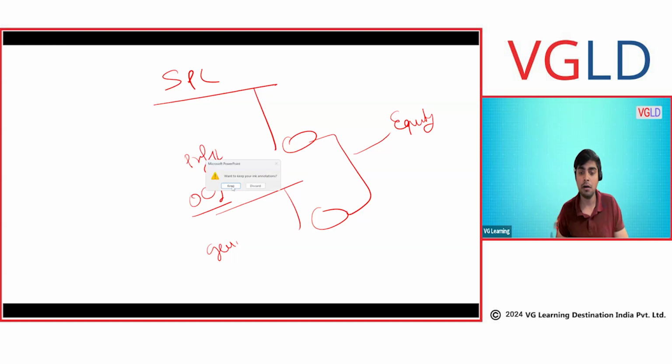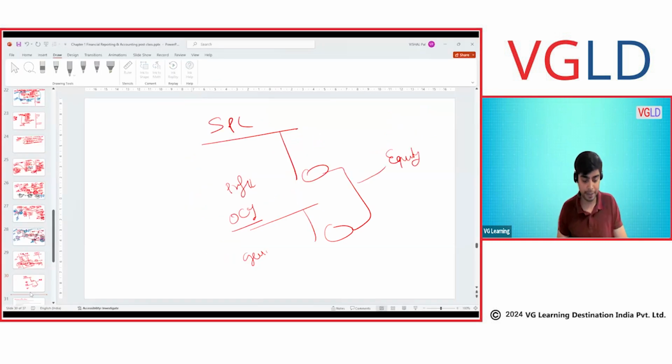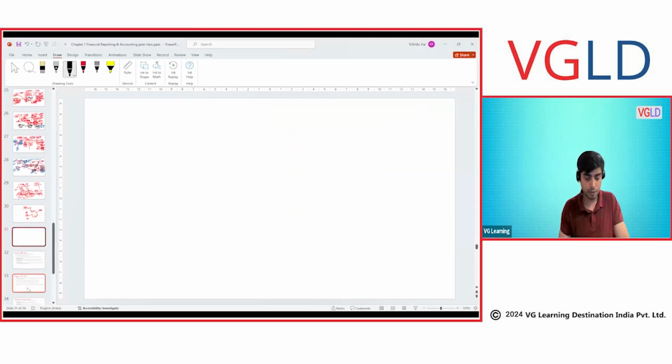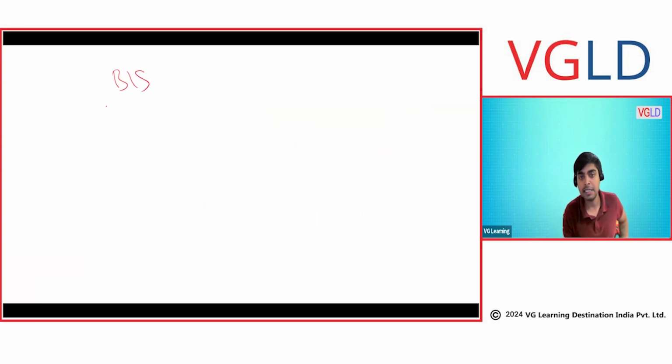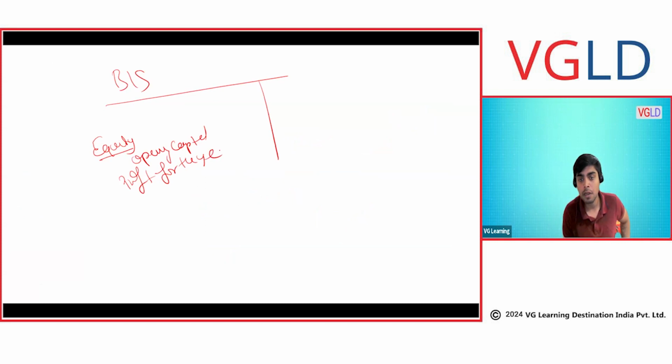So if I draw equity share capital again in the balance sheet, we have capital, equity. So we have opening capital. We have profit for the year coming from SPL.